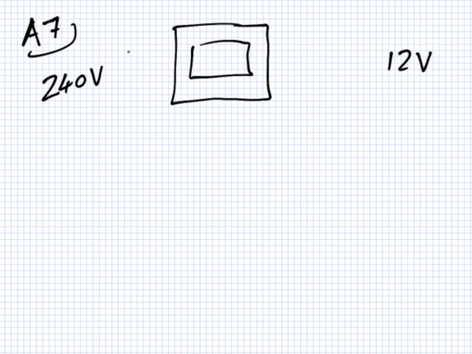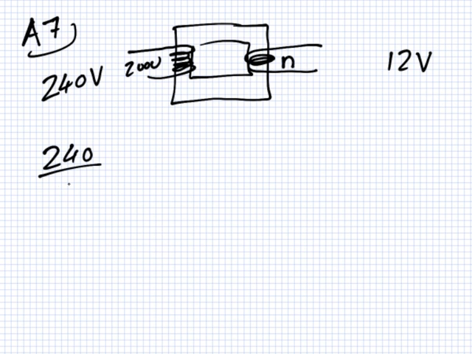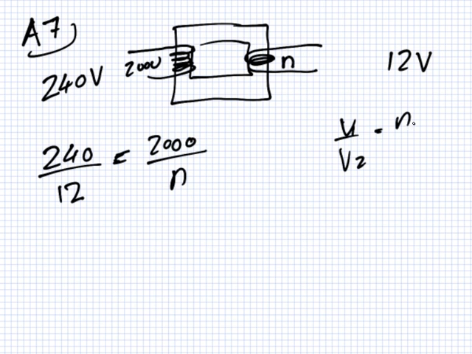The primary coil has 2,000 turns, and the secondary coil, we don't know, we'll call it N. So if you remember, it goes 240 over 12 equals 2,000 over N. Do you remember this formula? V1 over V2 equals N1 over N2. So 240 divided by 12 divided by 2,000. And then N equals 100. So there's 100 turns here. That's part A.